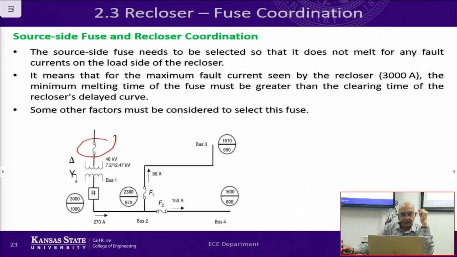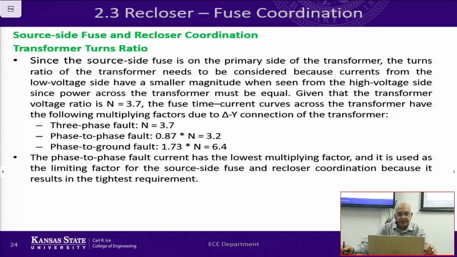So what we have to do is choose the worst case. If you look at the ratio between the primary current and the secondary current, for a three-phase fault, it is in direct proportion to the voltage ratio. For a phase to ground fault, this becomes 3.2.